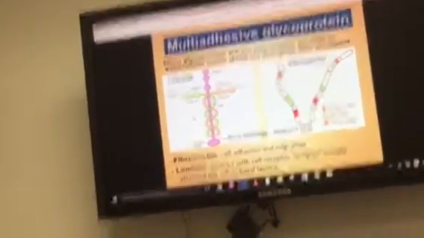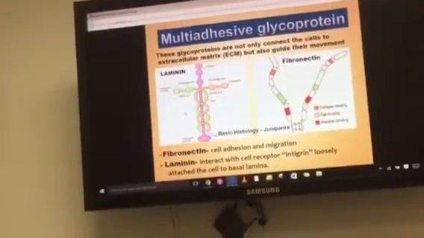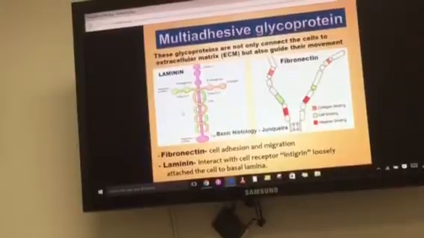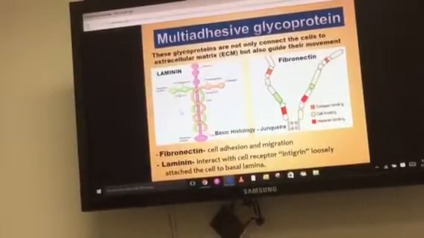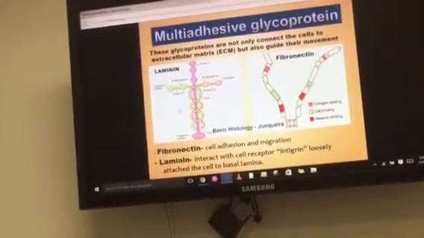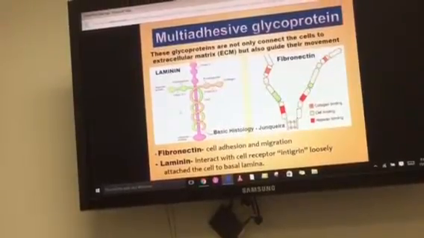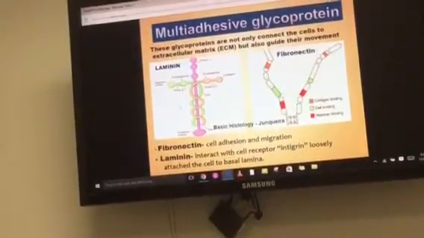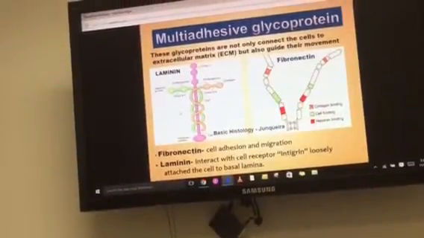But then the next one is the last type, the adhesion one. So these glycoproteins are not only connected to the cells and extracellular matrix, but also guide their movements. Fibronectin: cell adhesion and migration. So that helps with migration, and laminin interacts with the cell receptor integrin, loosely connecting the cells to the basal lamina.